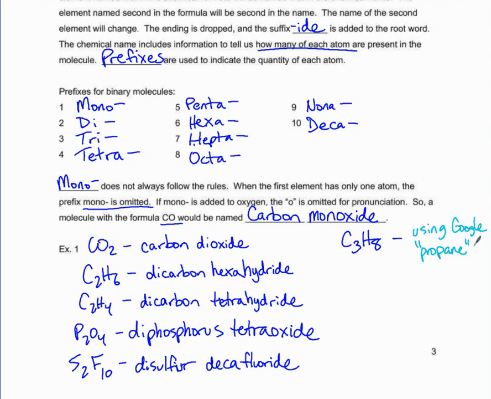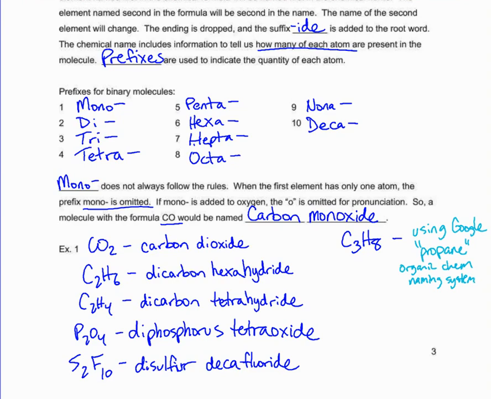Propane is the real chemical name in the organic chemistry naming. But this is not the naming system that we use.